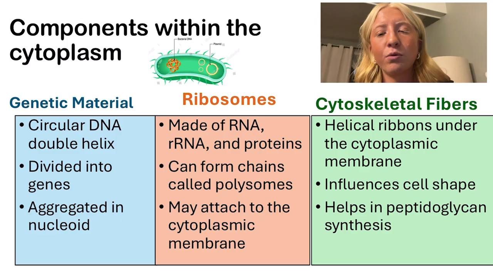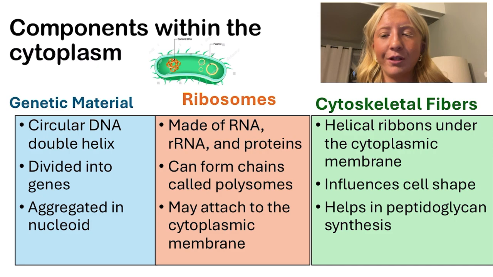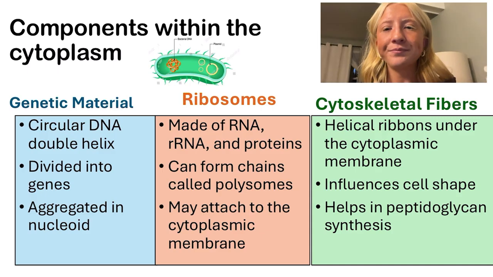These are helical ribbons. They're shaped like helixes, and they surround the cell underneath the membrane. Their fibers resemble actin and tubulin, and they contribute to maintaining the cell shape by affecting the peptidoglycan production. So this cytoskeleton helps alter the shape.